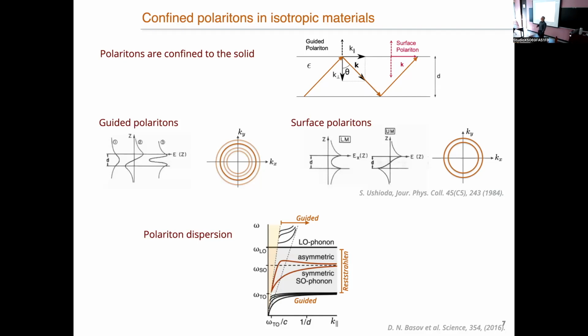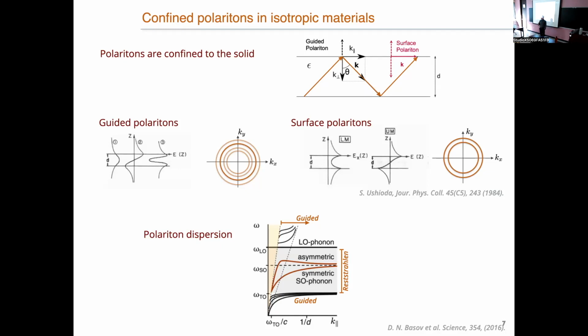Now, for polaritons to propagate in the material, they must be confined. So here at the top interface and bottom interface, what we'll have are decaying exponential and propagation here in the layer. So if we look at guided polaritons, we'll have decaying exponential on the outside, and then we have the fundamental mode, the first excited and the second one, and so on.